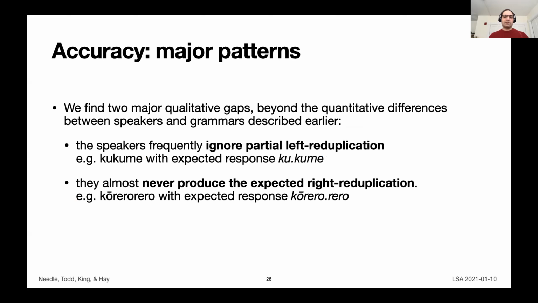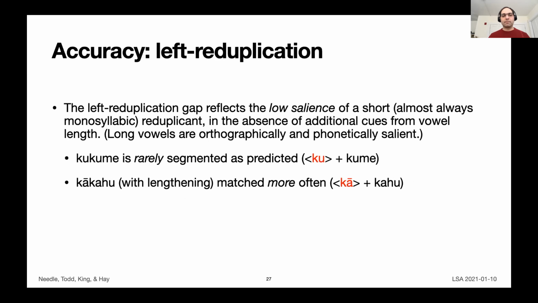Beyond these quantitative differences, we can find 2 major qualitative gaps. The speakers frequently ignore partial left reduplication, even though it's very common, and they almost never produce the expected right reduplication, which is equally common. We suggest that the left reduplication gap reflects a low salience for those short reduplicant parts when the tohatu is absent.